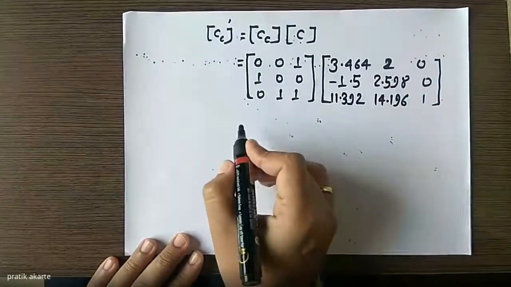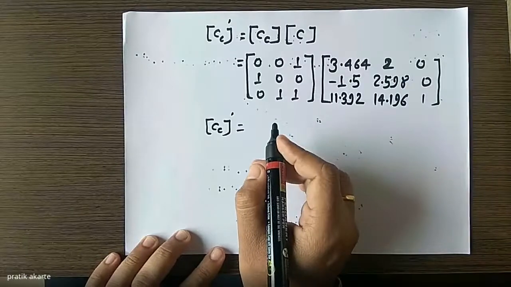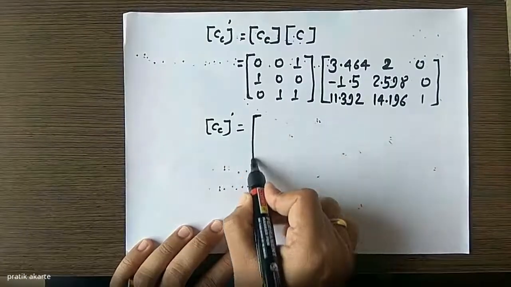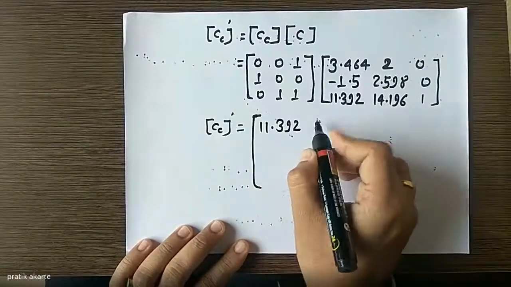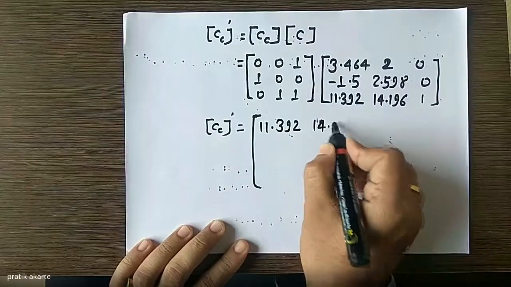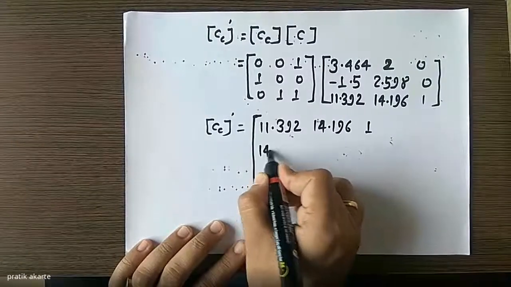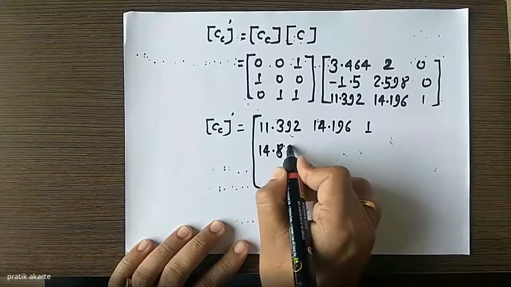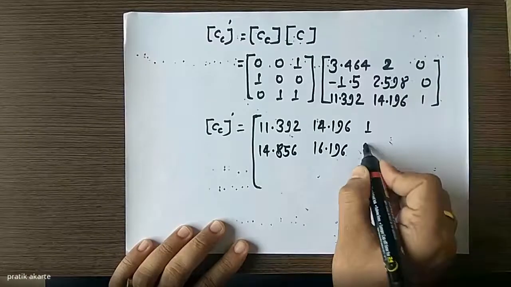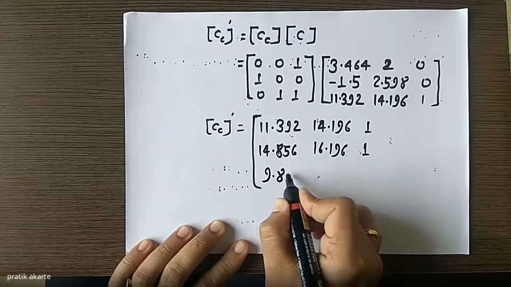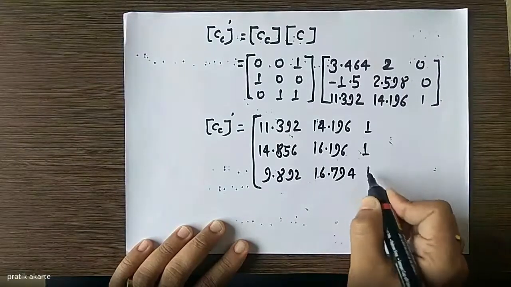Okay. When we multiply this, we'll get the new coordinates CC dash as 11.392, 14.196, 1, 14.856, 16.196, 1, 9.892, 16.794, and 1.